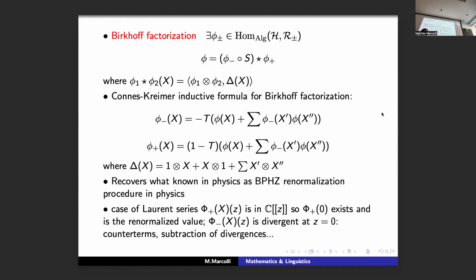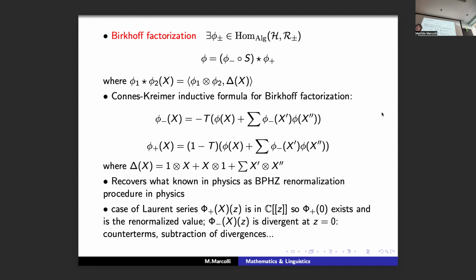The coproduct is a sum of terms, like the primitive part 1 tensor x or x tensor 1, which will just give you the sum phi1 of x plus phi2 of x. And then the other terms will give you correction terms that have products of phi1 of x prime and phi2 of x. Okay, so this is the product.